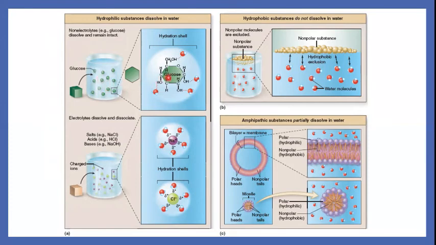Every glucose molecule remains intact. They're all just dispersed in the water. In our second example, we are going to take regular table salt. We're going to add that to a beaker of water. Since table salt is composed of charged ions, those are actually going to be pulled apart by the polar bonds of the water. So they dissociate into sodium and chlorine.